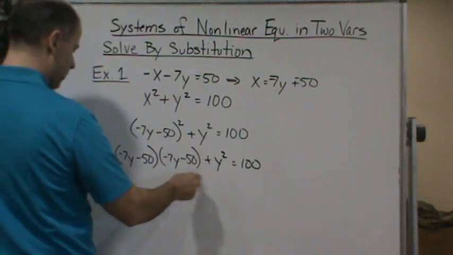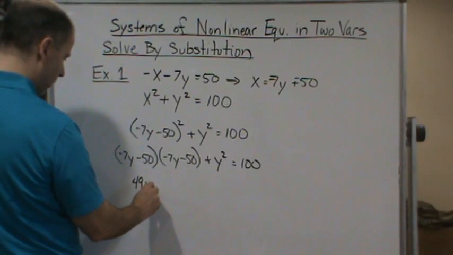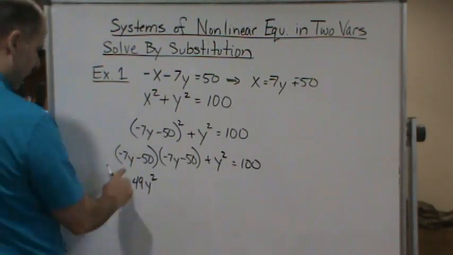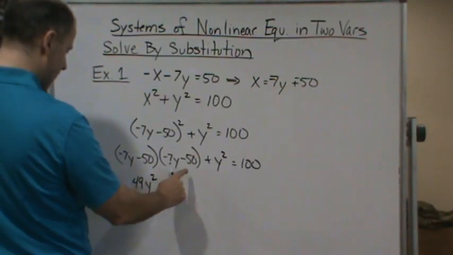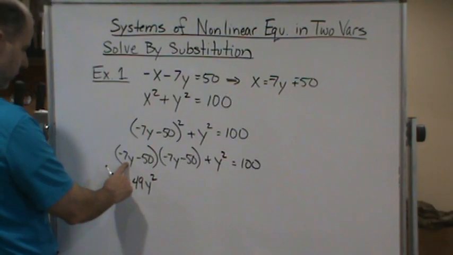And so now I'm going to use the distributive property, and I'm going to get 49y squared, and then I'm going to get, well, that's going to be 350, right?